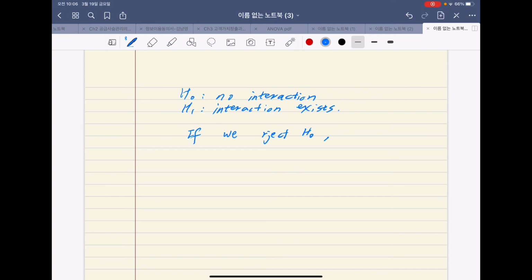So you don't need to go through the hypothesis testing for each individual factor. If we reject the null hypothesis, you need to create new data, like the shelf case. You create a new treatment, a combination of width and height.